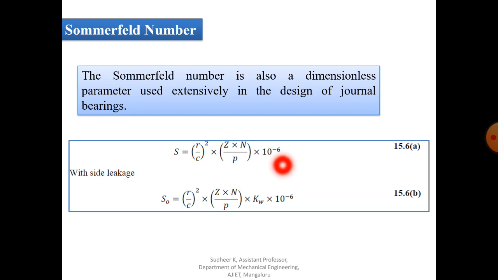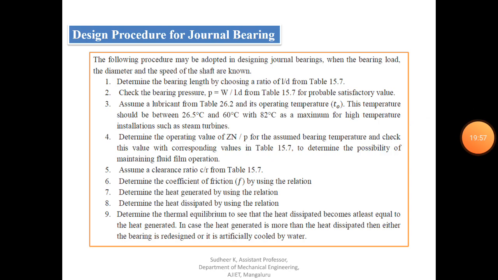While doing the calculation, if you use some other data handbook, the value will always be unitless, because both are time, numerator and denominator, so that will cancel each other. So that is about Sommerfeld number.